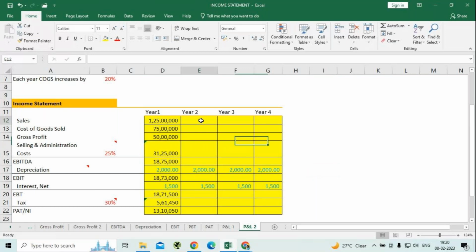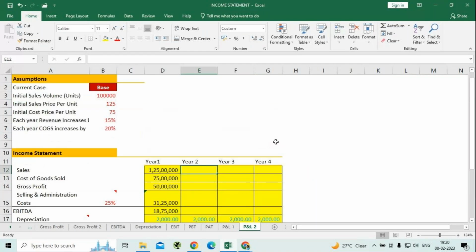So can you try for year two? Yes, sir. Sales for year 2 will be year 1 sales plus 15%. We can increase sales by 15% from year 2 onwards.